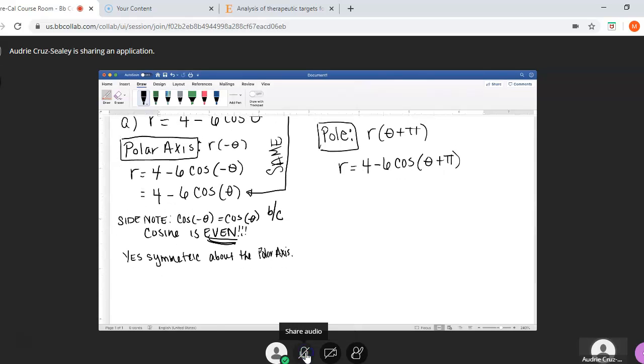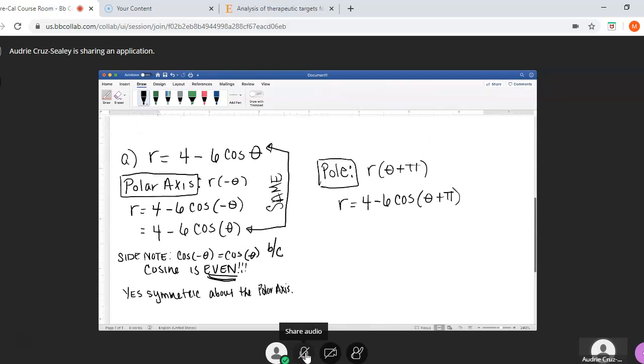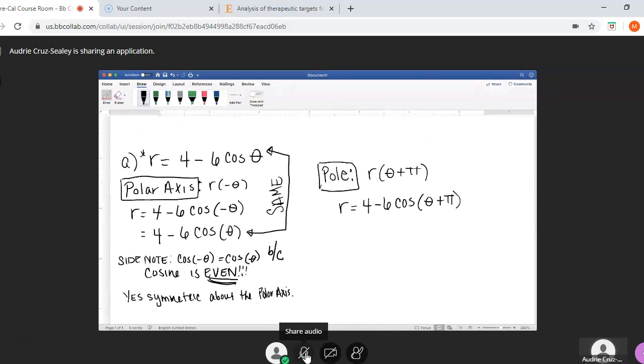And so now I'm going to come over here and I have to simplify this to see if it is the same. We're always going to compare it back to the original problem. This is the original problem. So is what we have here the same thing as the original problem? Well, let's see. We have to simplify it.